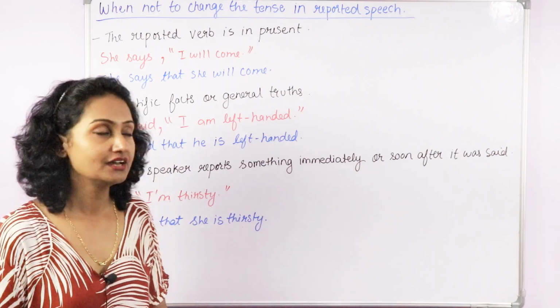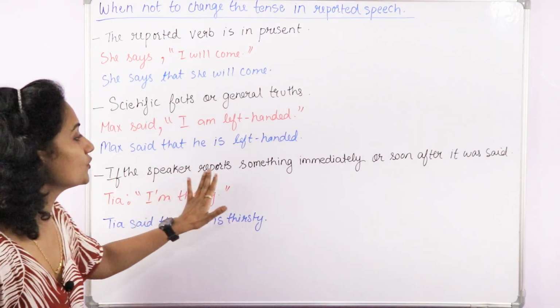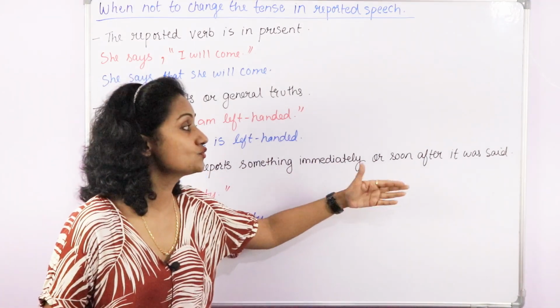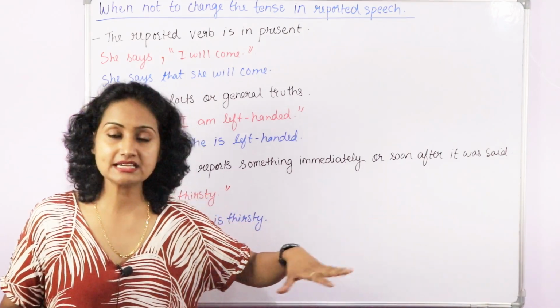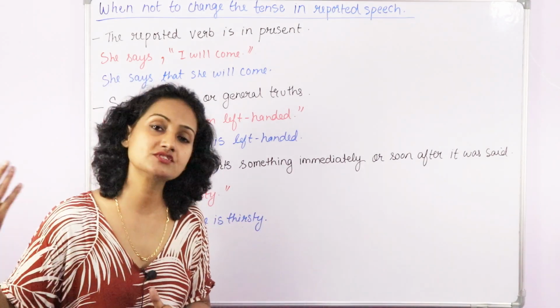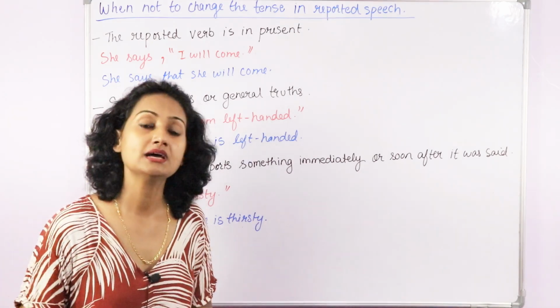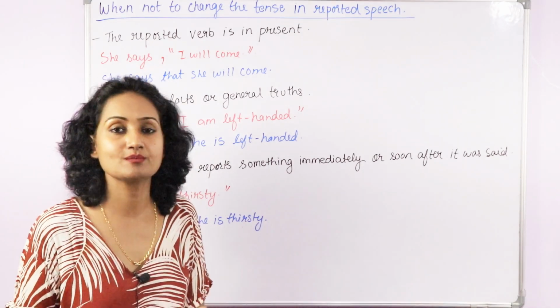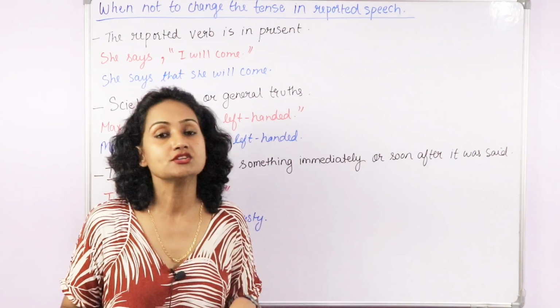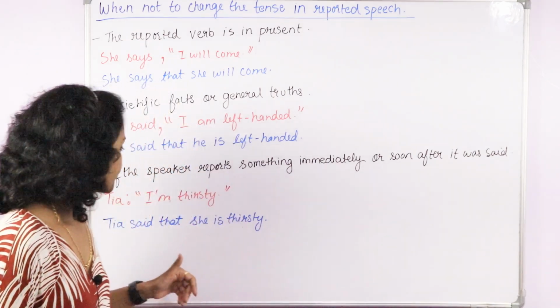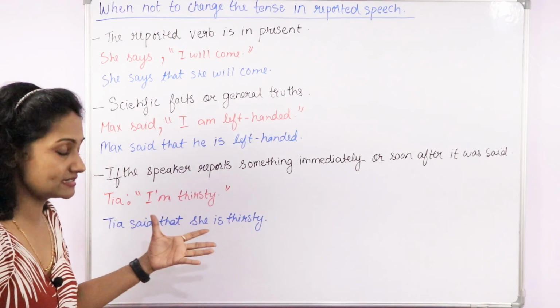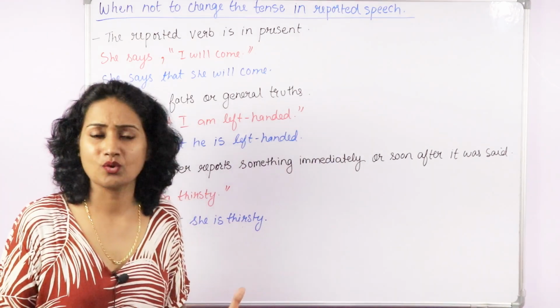It's a fact. Third rule is, if the speaker reports something immediately or soon after it was said. Generally we backshift the tense when we report a speech after quite some time, but when you immediately convey a message, then you're not supposed to change the tense. For example, Tia said I'm thirsty, and Max asked, what did she say?